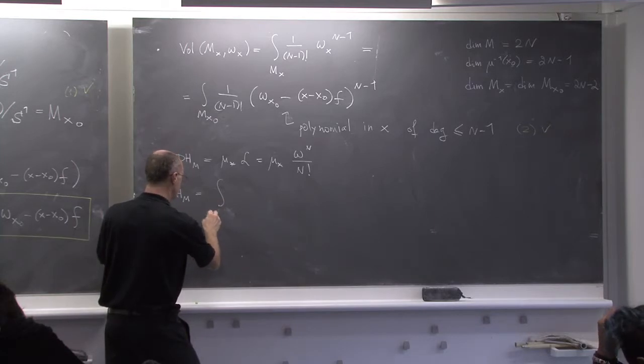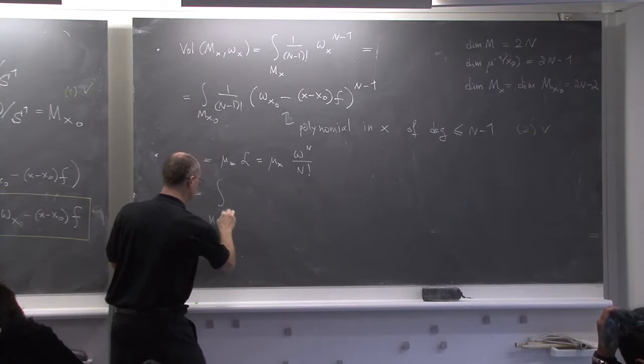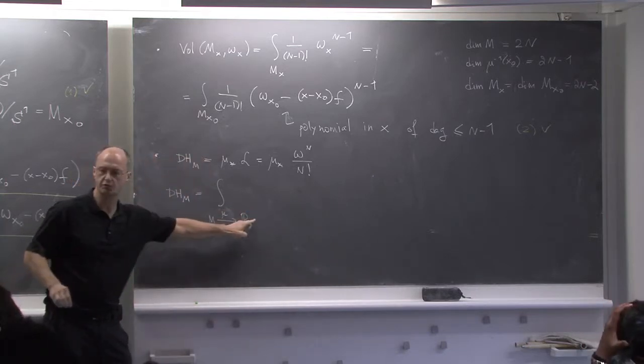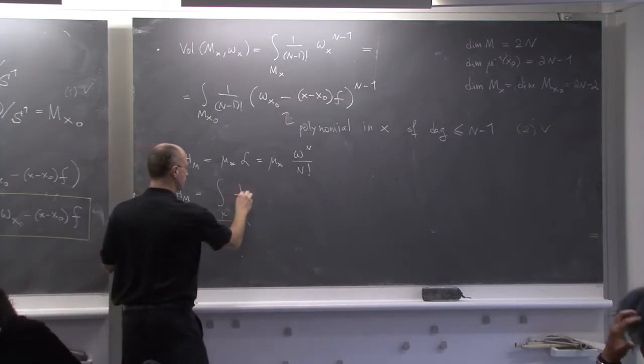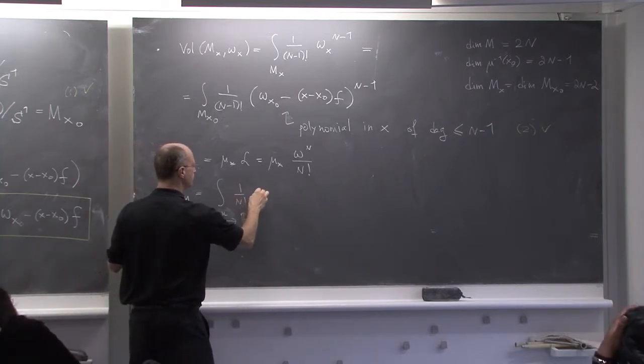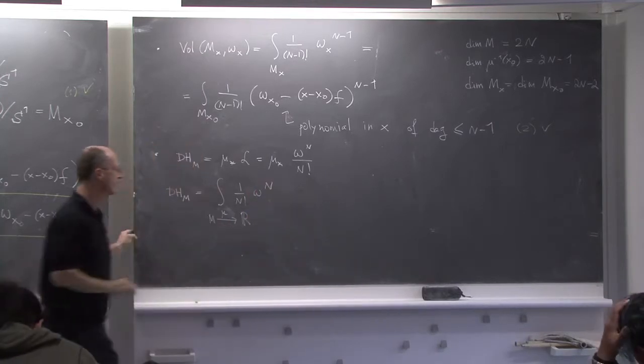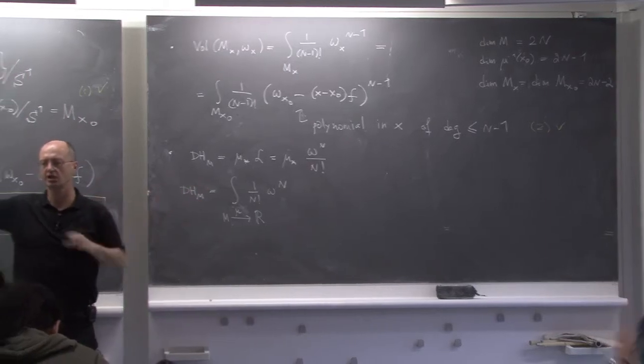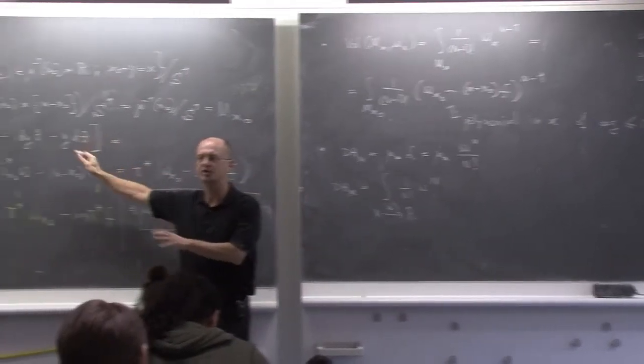So let me locally think of DHM as a fiber integral, and let me write it in the following way. It will be the fiber integral for the map mu from M to R of 1 over n factorial, and here will be omega to the n. And I'm thinking of it locally, near where our analysis applies.